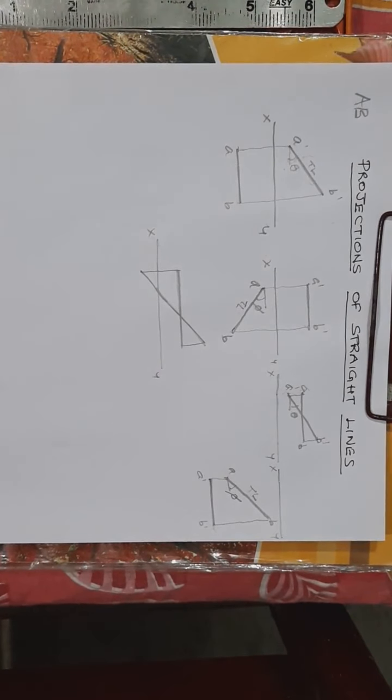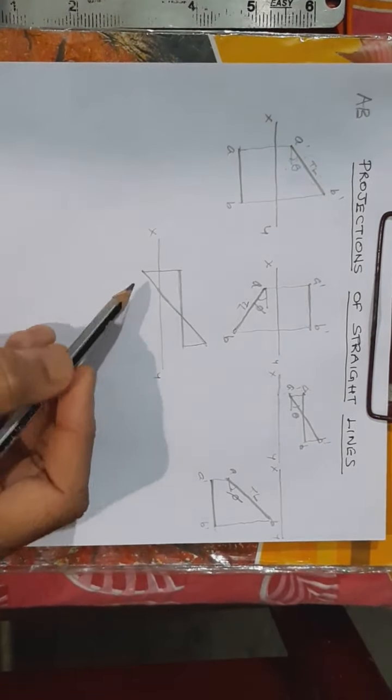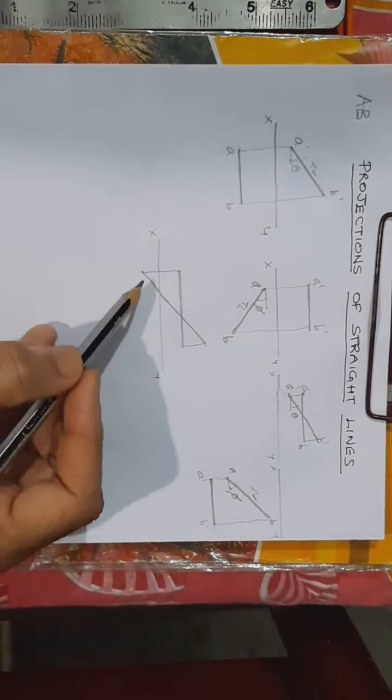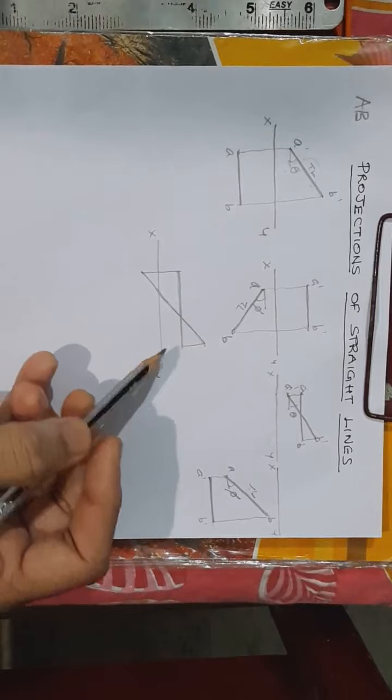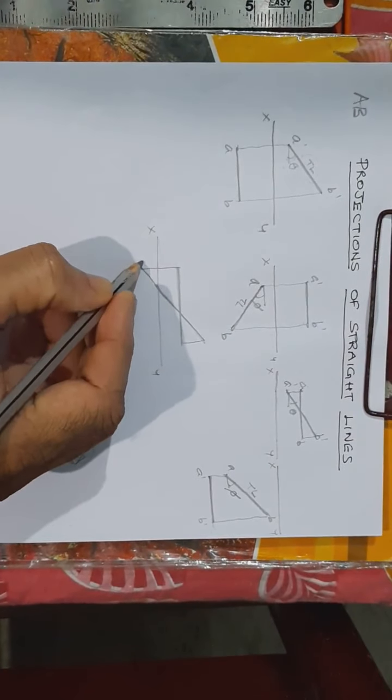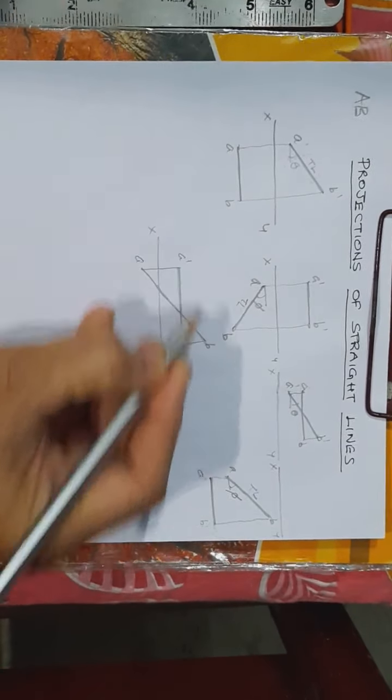In this case, as I've already told you, the line is crossing or penetrating one of the reference planes, and then its ends are lying in two adjacent quadrants. Here, suppose I write this as AB and this as A dash B dash.